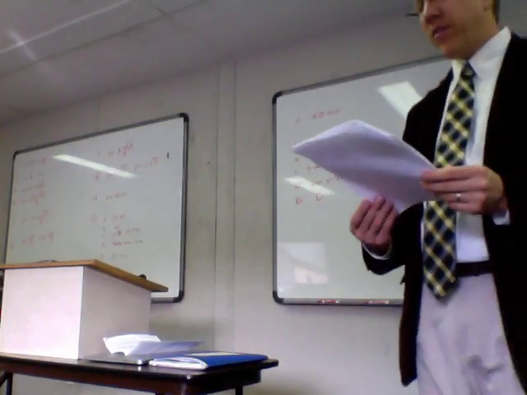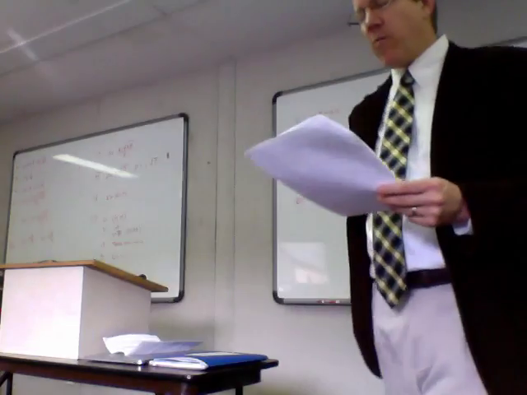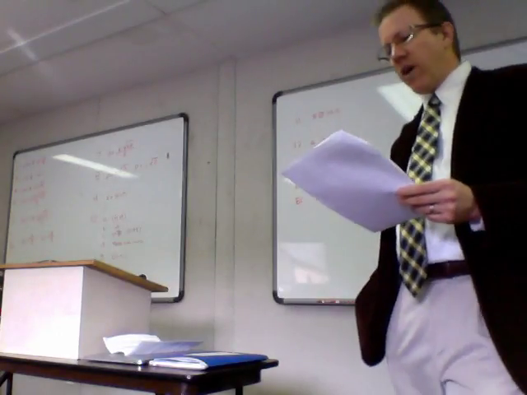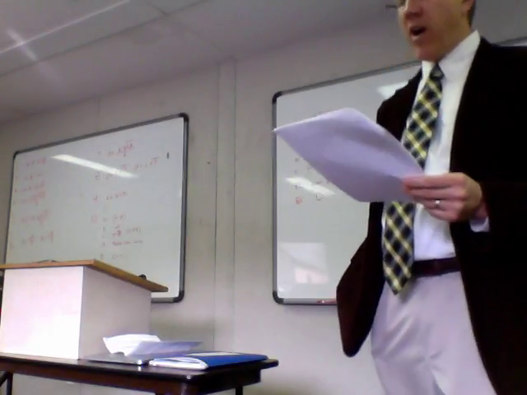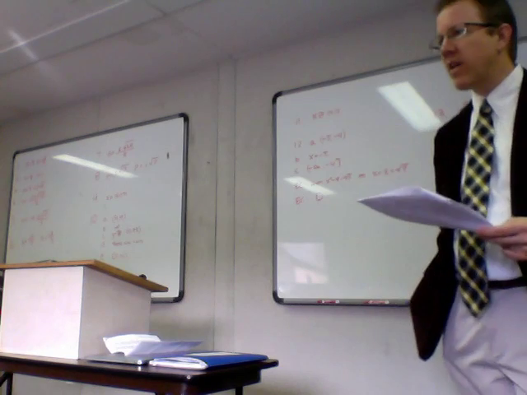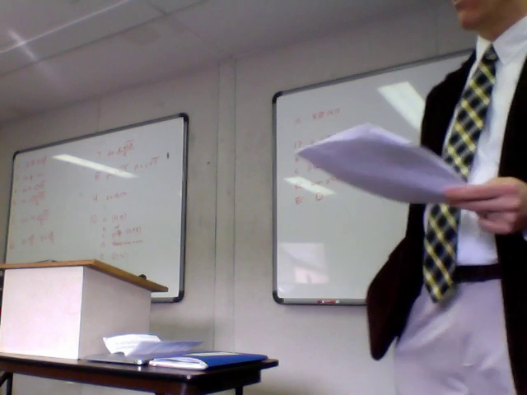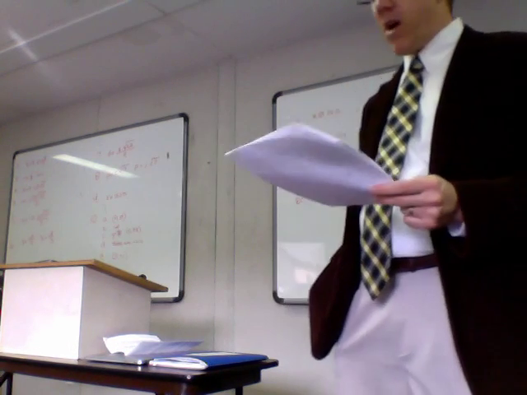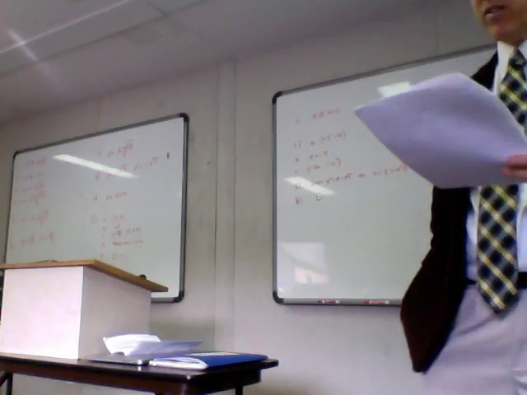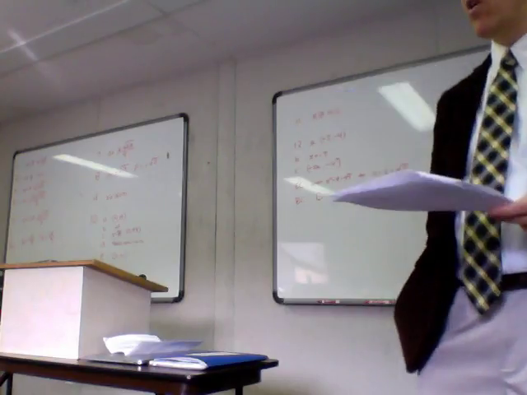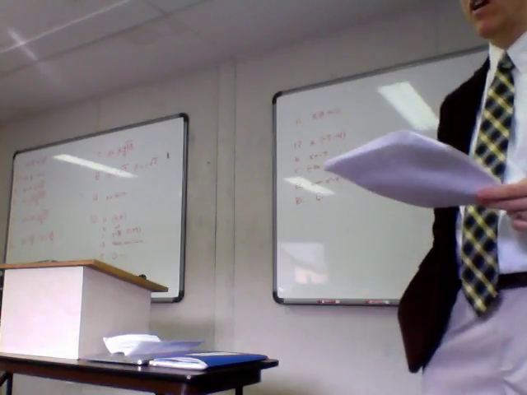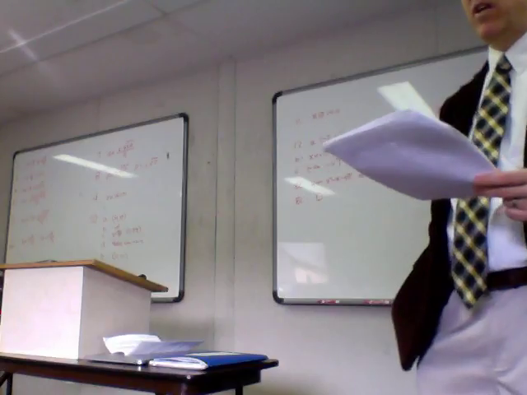All right, number 7, solve for d. Okay, we multiply both sides by d squared, and then we divide both sides by r, and then we take the square root of both sides. So when we do that, Matthew, we need to introduce plus or minus, and we get d equals plus or minus the square root of k over r. Leah, can we leave it like that? No. We can't. Why?